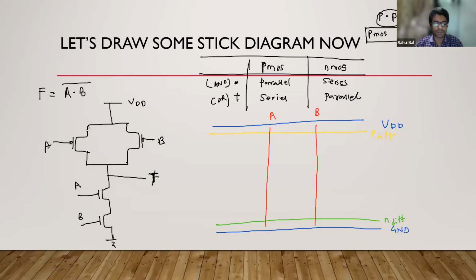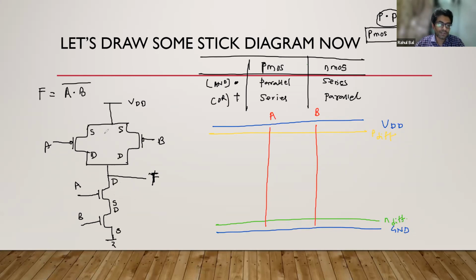Okay, gate, source. So initially this is source, drain, source, drain, source, drain, source.